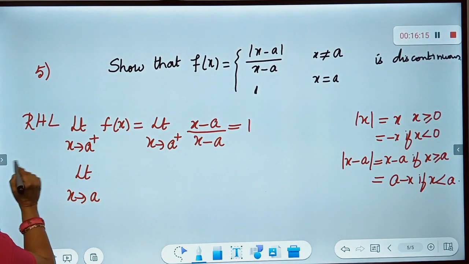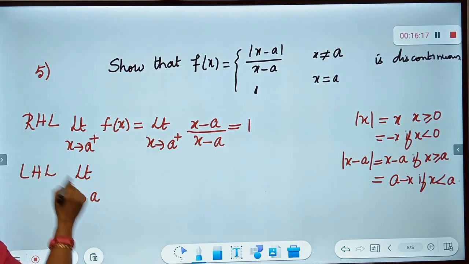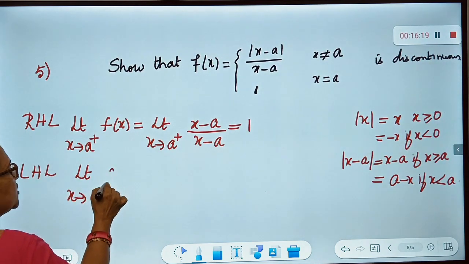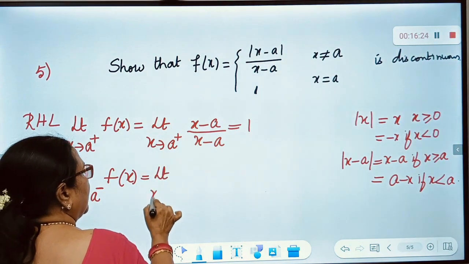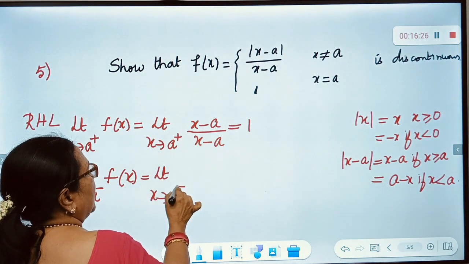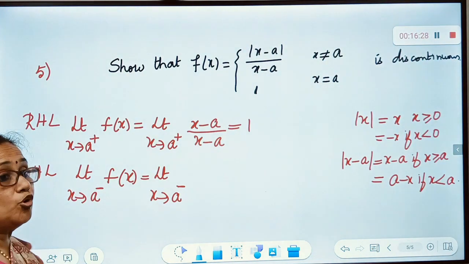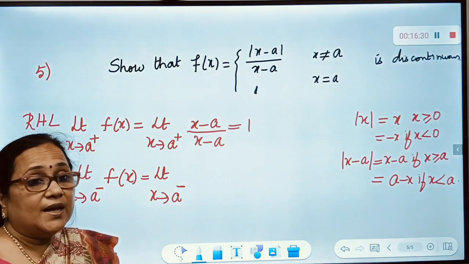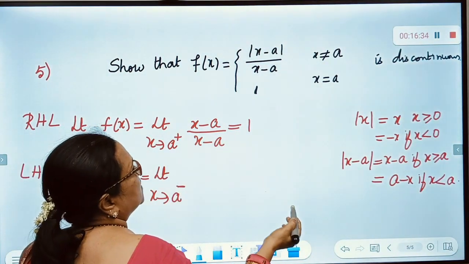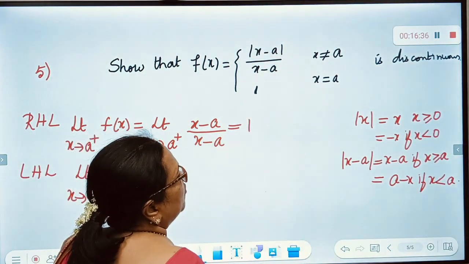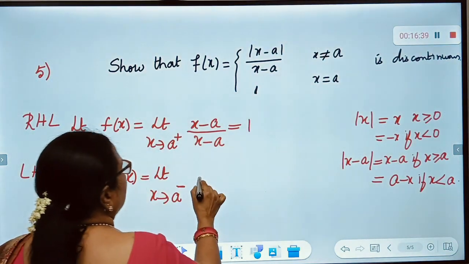Now let us look at the left hand limit, that is limit x tends to a minus of f of x. That means x is approaching a through values lesser than a. When x is less than a, what is the definition of modulus of x minus a? It is a minus x.